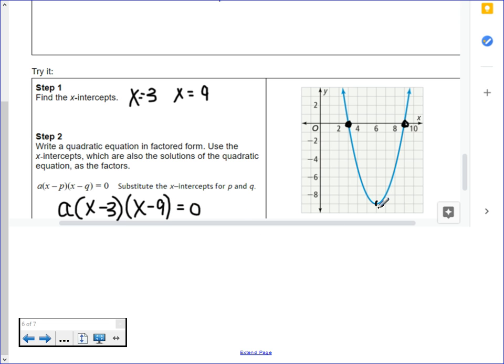We need to figure out what our vertex is. 6. Is it -8 or -9? We're going to use this point. This will be our x. This will be our y, and we're going to solve. So instead of writing x, we're now going to replace x with 6.